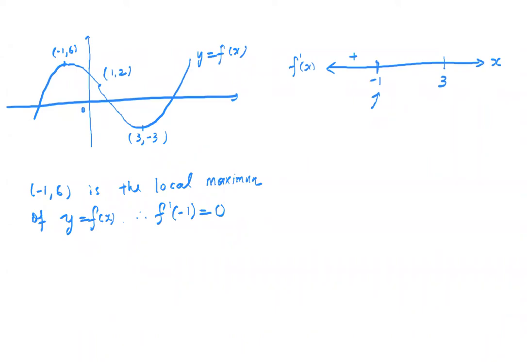Okay, so for x less than -1, fx is increasing. So therefore, f prime x is more than 0. That is how you analyze. Are you clear the sign? Okay, the rest negative, then positive.